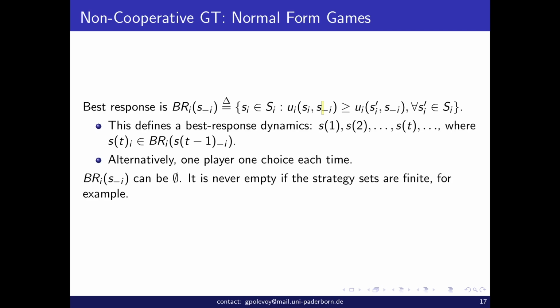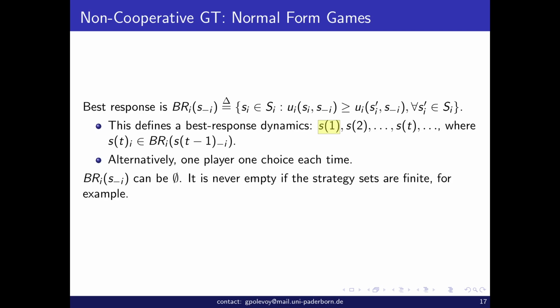Now, in finite games for example, you can define a so-called best response dynamic. So, an assumption of how the agents play. They start with the strategy profile, so strategies of all the agents, at time 1. That's s in parentheses 1.